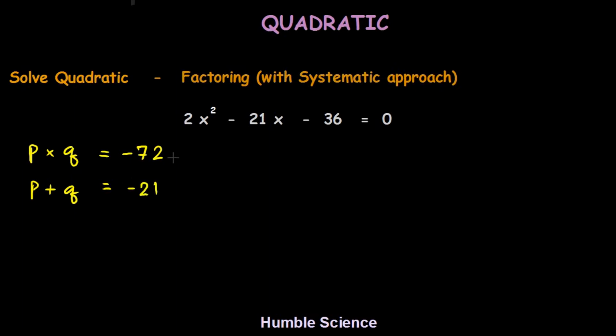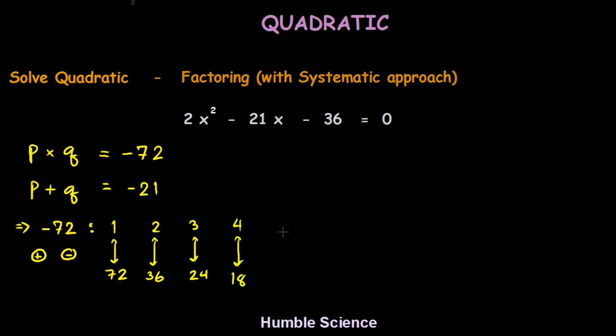So let's take a look at minus 72. In order to factor minus 72, one number has to be positive and another number has to be negative. So let's try to factor 72. It can come from 1 and 72, or 2 and 36, or 3 and 24, or 4 and 18, or 6 and 12, or 8 and 9.